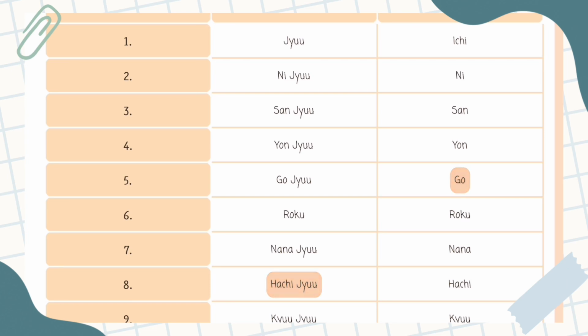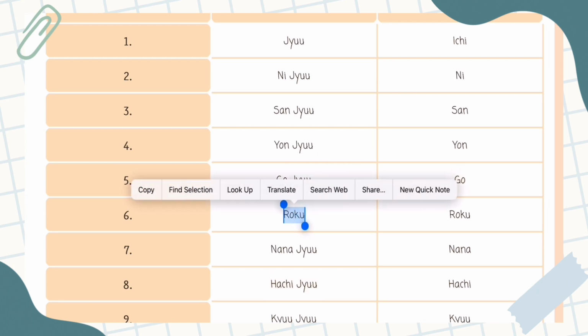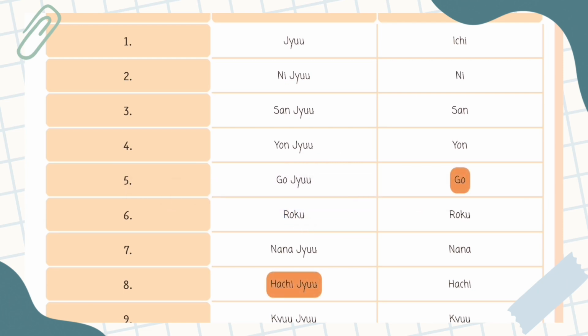Oh my gosh, I made a little mistake there. It should have been rokuju. I've done this lesson before, and I always say I'll fix it. Rokuju. 90, kyuju. 24, niju-yon.